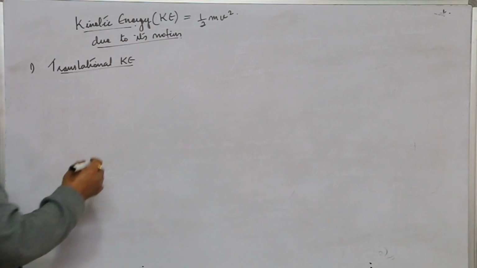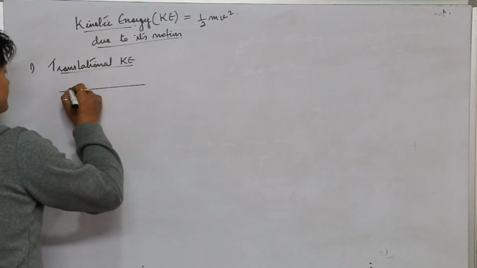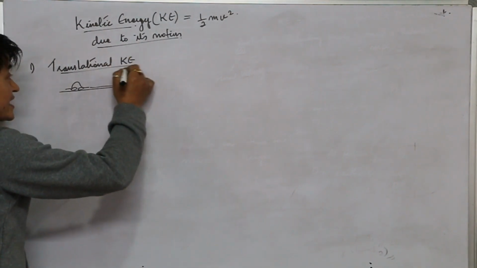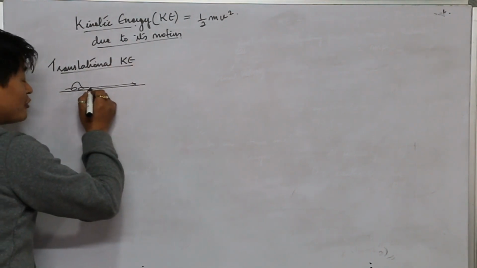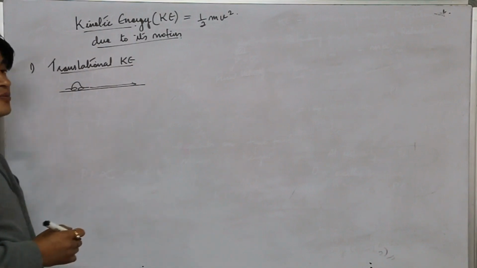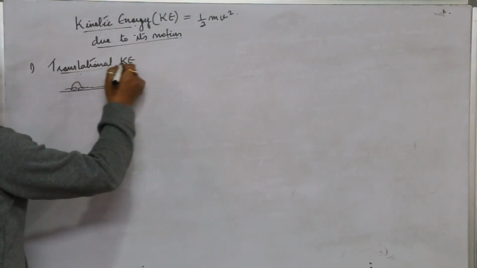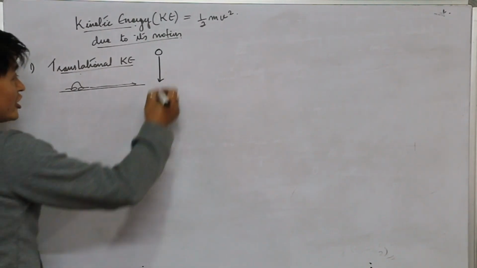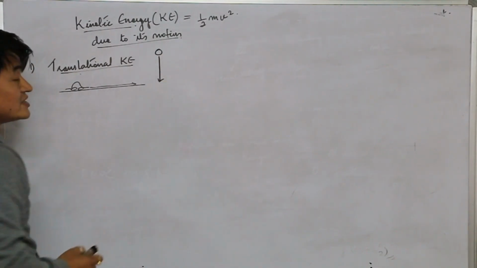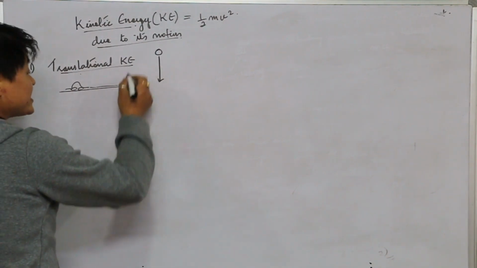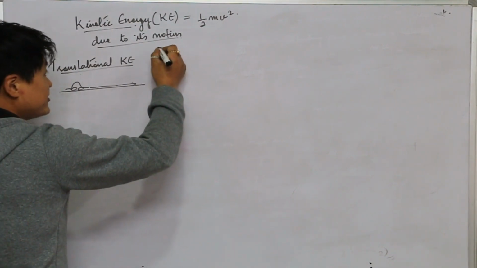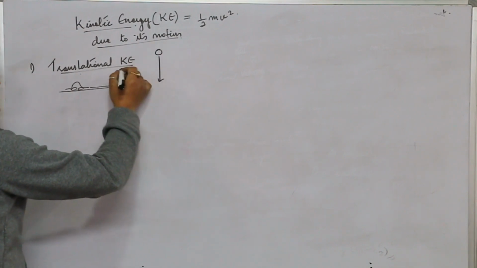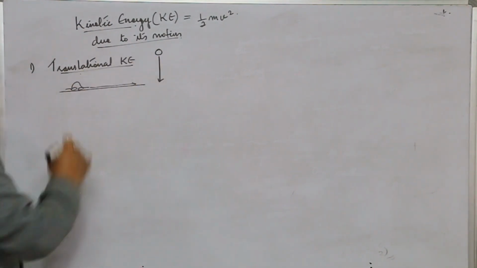A car moving in a straight line path has translational kinetic energy. A body falling vertically downwards, you can see the motion of the body is translational. Kinetic energy possessed by a freely falling body in a translational motion is called translational kinetic energy.